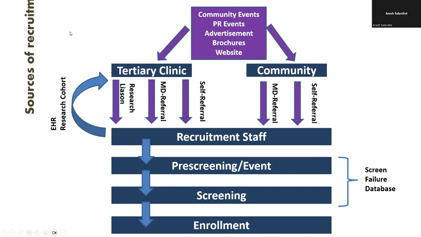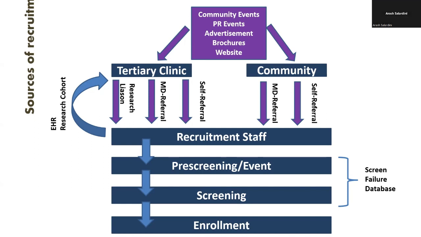Now, the next thing is pre-screening, because often there are a couple of things, including the stage of the disease and the age of the person and the presence of contraindications that quite easily rule out many patients without having to do a full screening.